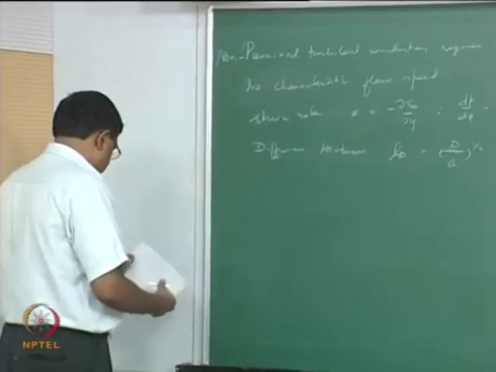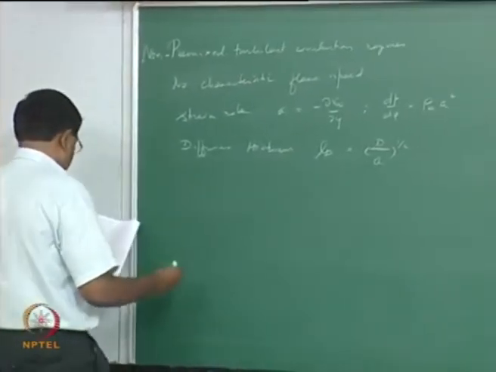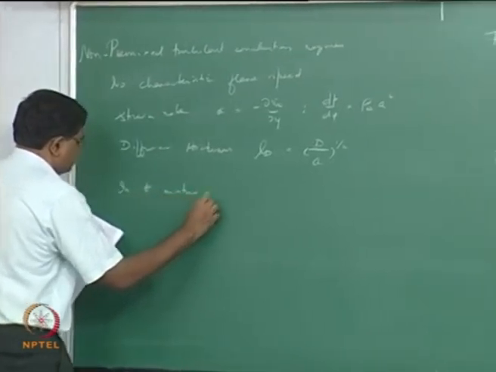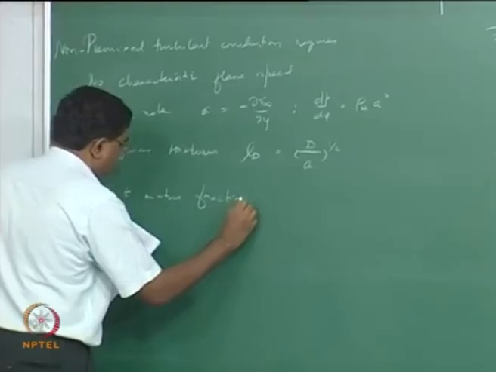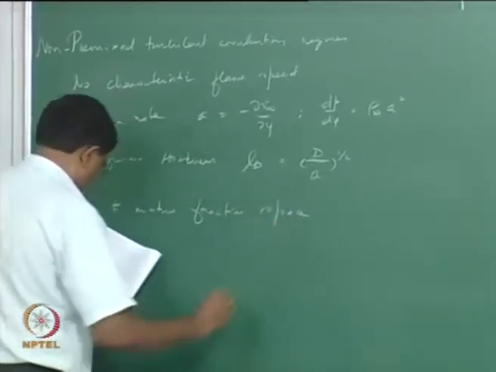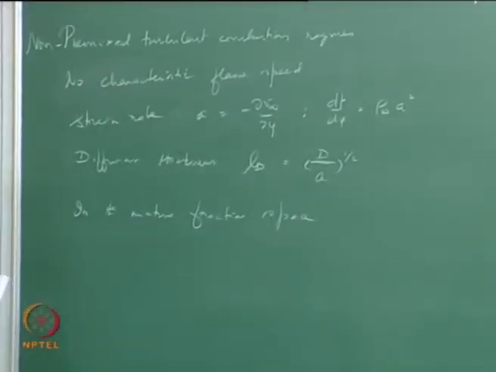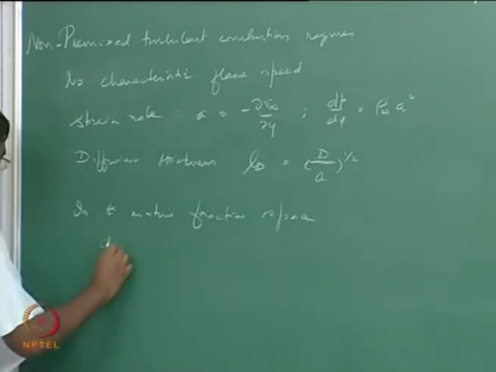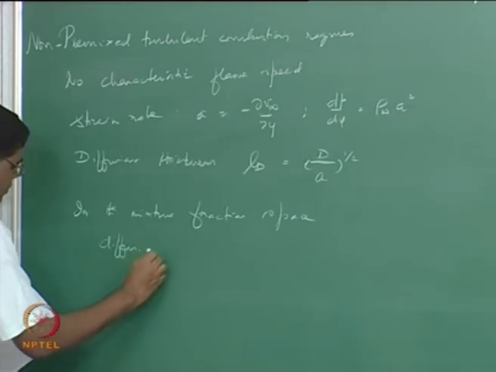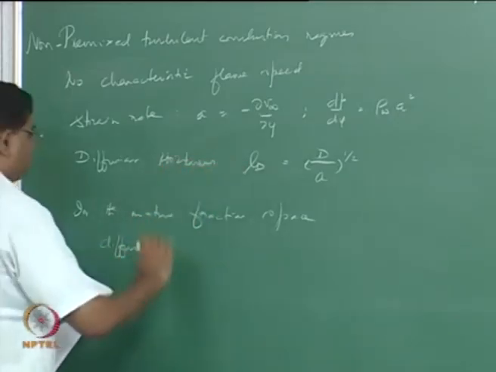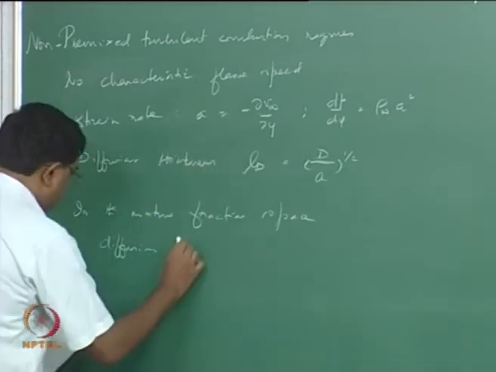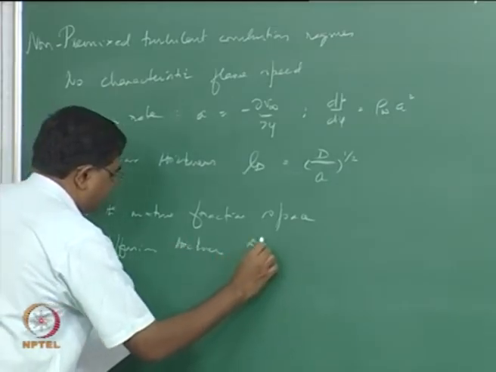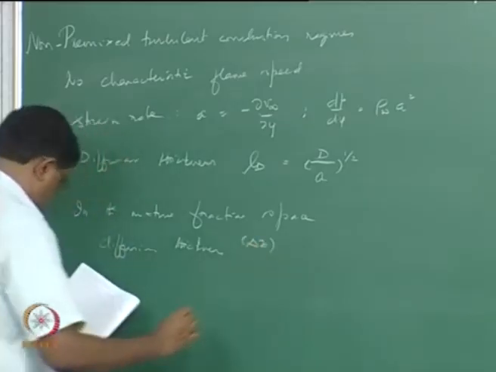So in the mixture fraction space we can now have a corresponding diffusion thickness that is corresponding to the diffusion thickness that we have defined, L_D. Diffusion thickness in the mixture fraction space, let's suppose we call this delta Z_F.